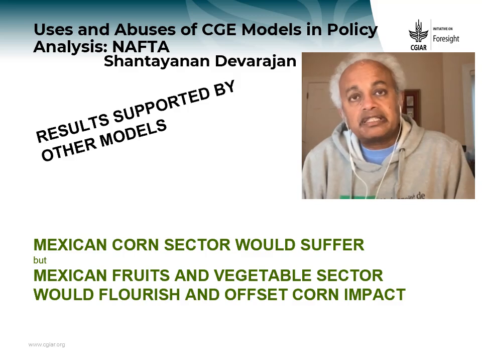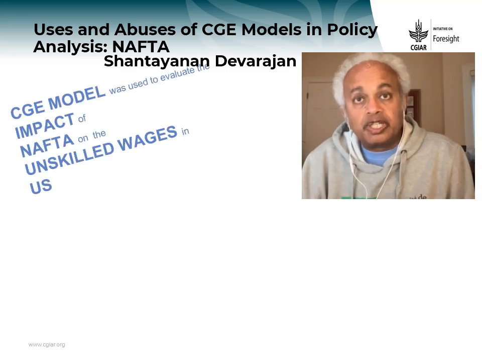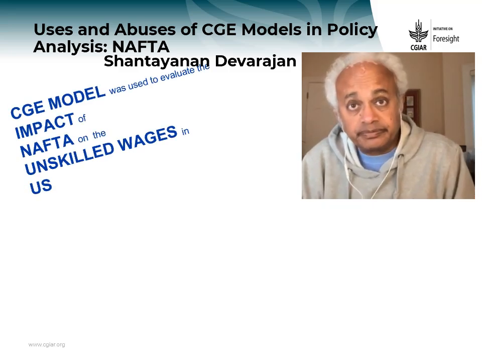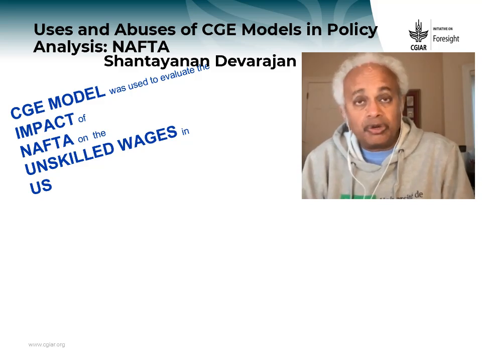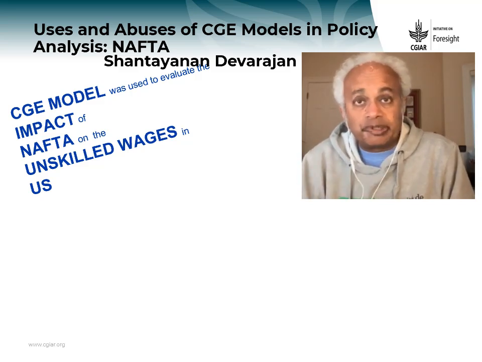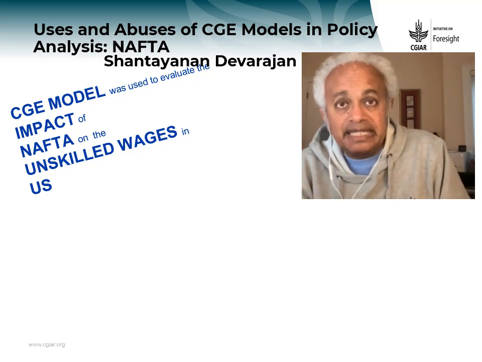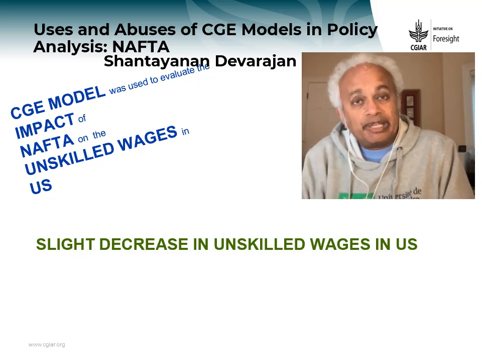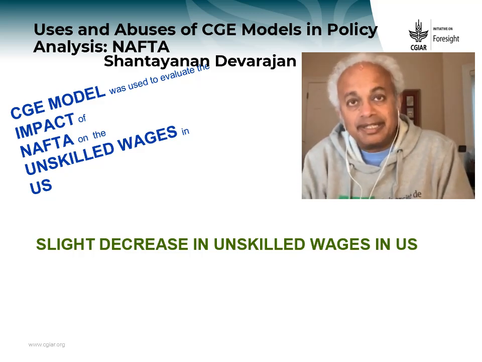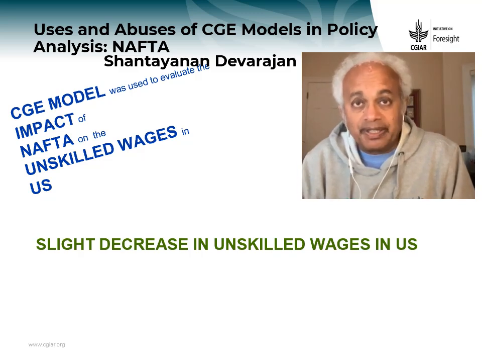That was an analysis that looked at the effect of NAFTA on unskilled or low-skilled wages in the U.S. And what that analysis, which was a CGE model, showed, consistent with the Stolper-Samuelson theorem, was that there would be a slight decrease in unskilled wages in the U.S. But because it was showing a decrease, the agency that did the analysis chose not to publish it.